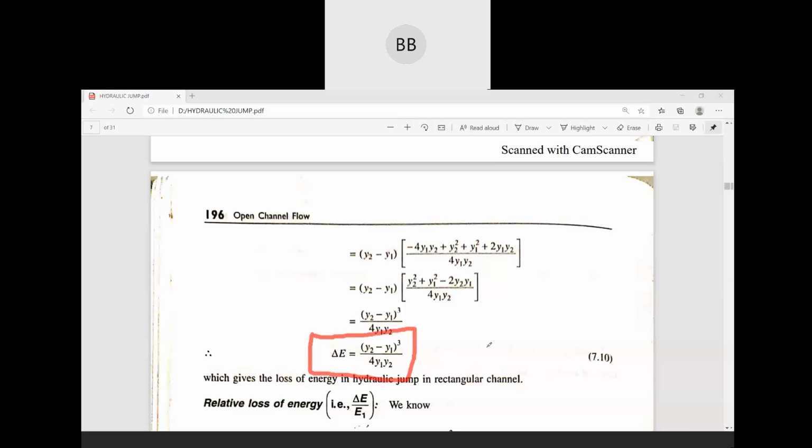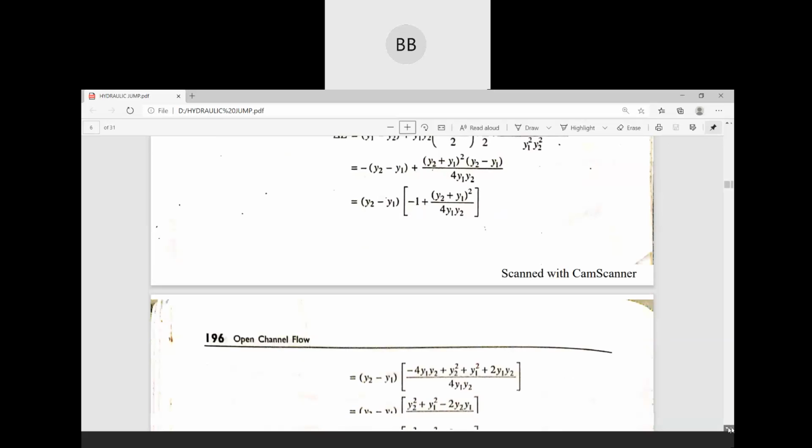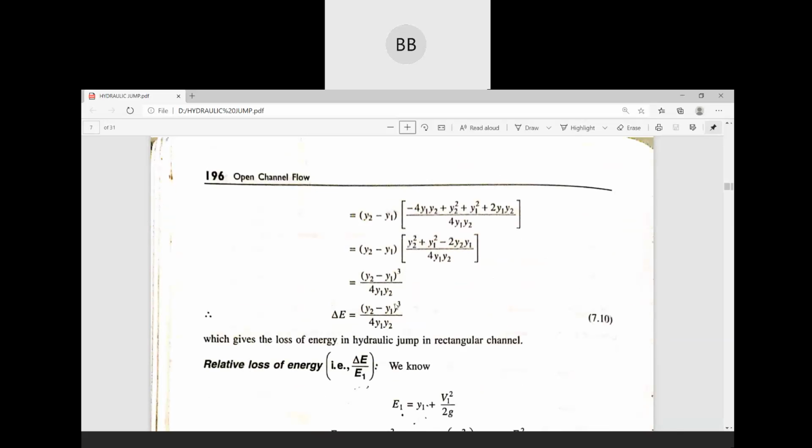No issue, but I think you can do it, because it's just a simple simplification. You don't have to take reference from others, just do the simplification on your own, however you feel like, and automatically we will get this expression.